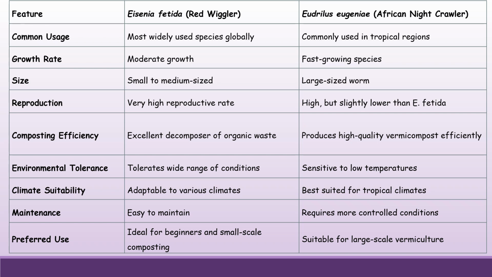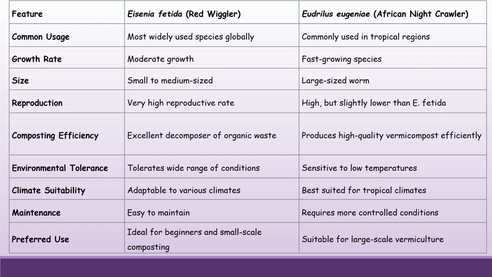On the other hand, the African night crawler is most commonly used only in tropical regions. It is one of the fastest growing earthworm species and a little larger in size than the red wiggler category. Its reproduction is very high, but slightly lower compared to Eisenia fetida. African night crawlers are known for producing one of the highest qualities of vermicompost very efficiently.